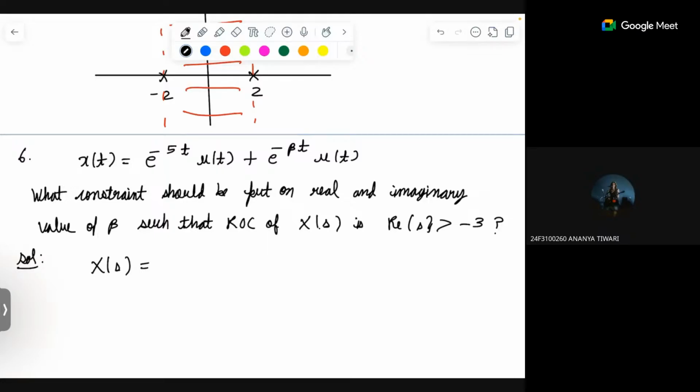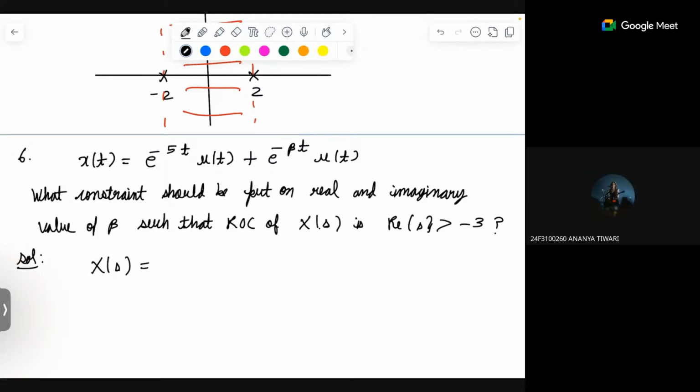No, you're slightly correct. In the question, the constraint was on real and imaginary values, so think in terms of real and imaginary values. Ma'am, I did something, but you do it.